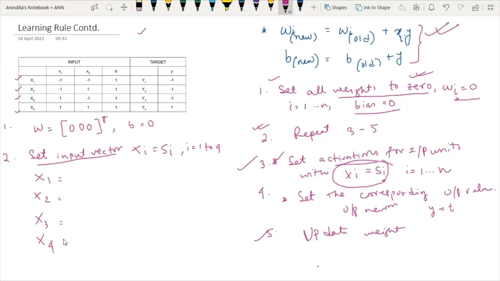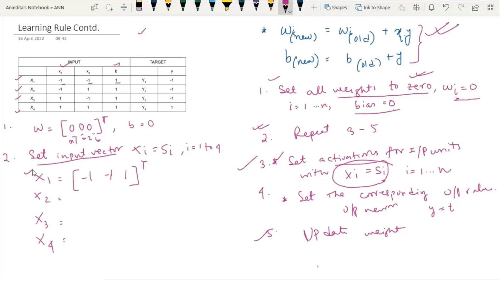And now, how am I setting this value? So, the first value. See, what is the first value of the input vector? It is -1, minus 1, and the bias value is 1. So it will be minus 1, minus 1 and 1, and here we have the transpose. Why we have 3 values, now you got it? This is for x1, this is for x2 and this is for b.